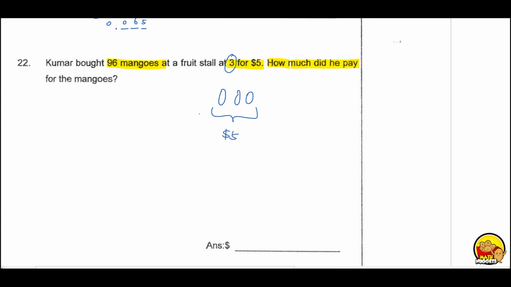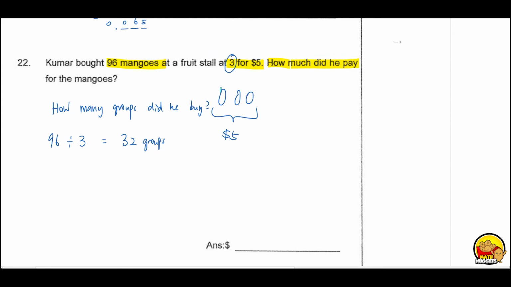And he bought 96, meaning we need to find out how many groups did he buy first. If they're sold in groups of 3s, let's group them up into threes. So 96 divided by 3 will give us 32, meaning there are 32 groups.